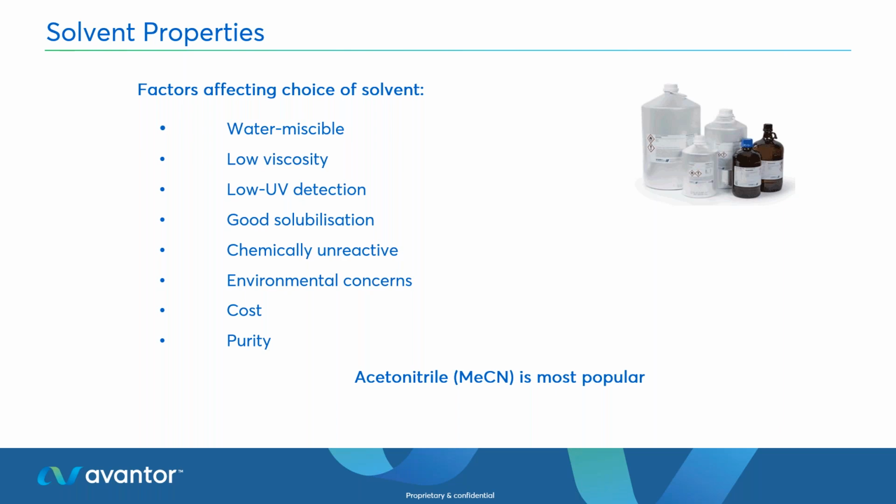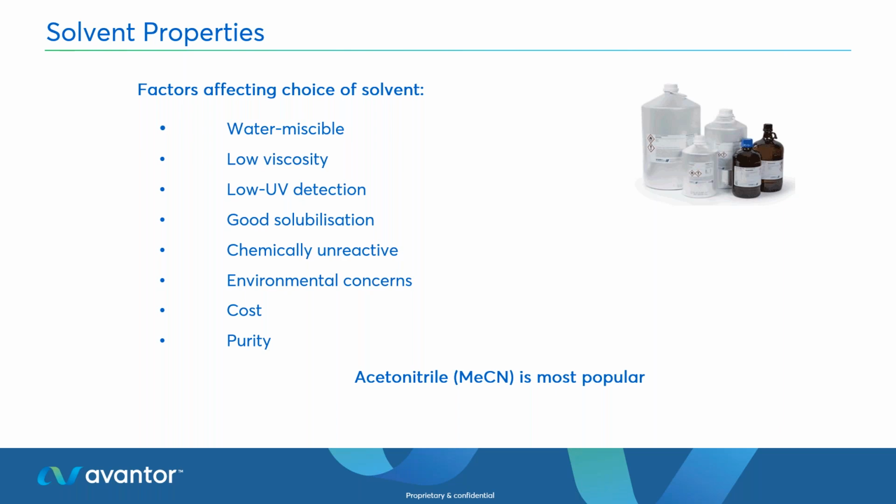Obviously there's a cost factor, and purity really is something that you should pay attention to, the quality and the purity of the solvents. So acetonitrile is our most popular solvent, I would say, for LC, and that's because it ticks a lot of these boxes.